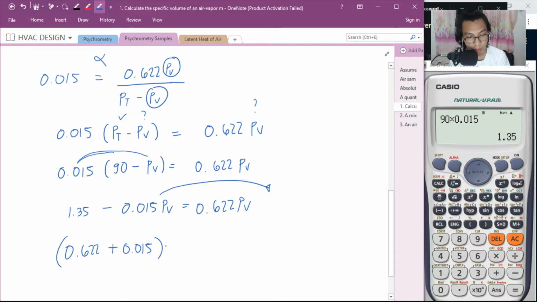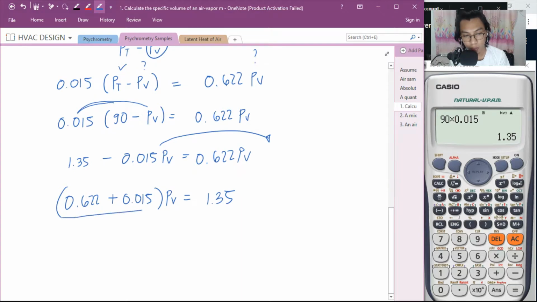Okay, factor out mo yung common, which is PV, equal to 1.35. And divide both sides by the total ng dalawa, 0.622 plus 0.015. Then we can now solve for PV. Alam na natin si PV.